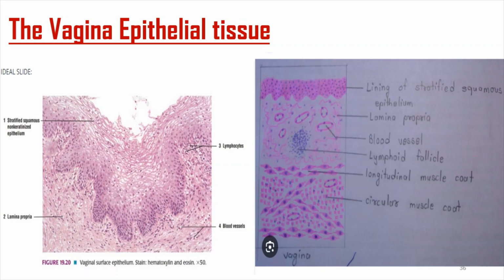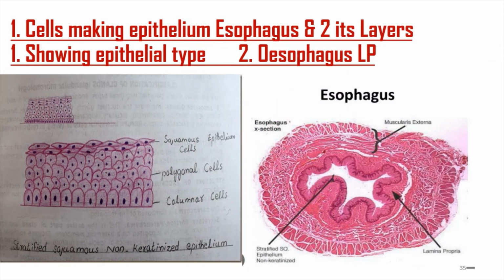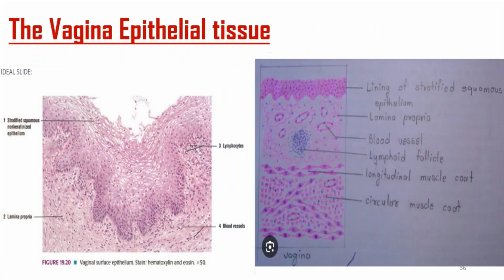So make sure you show the stratified squamous non-keratinized epithelia that is found in the vagina. You can either draw that one that is found in the esophagus or that one that is found in the vagina. But for high power drawings, I recommend this one that is found in the vagina, because this is a very good diagram that will show you what you want to draw.